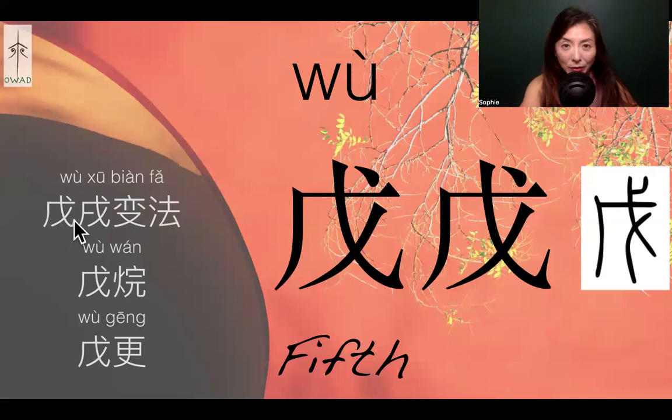So 1898 was a special year that 变法 changed the 法, the rule. So what rule was going to change? Well, it turned out it was a failed attempt by the newer generation of the ruling class against the older one, which was Cixi.